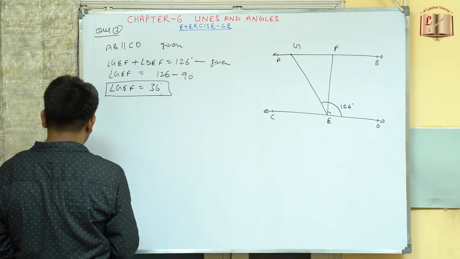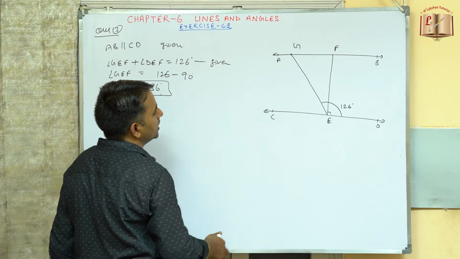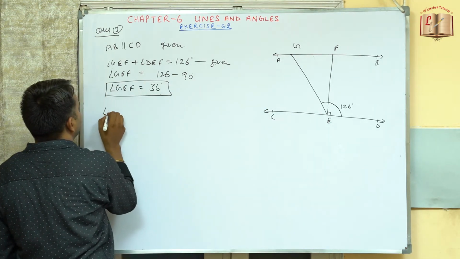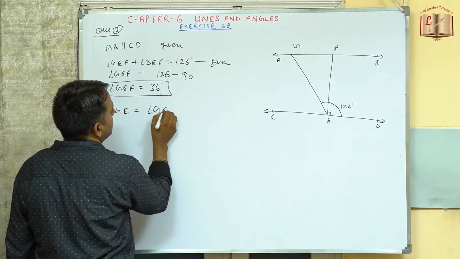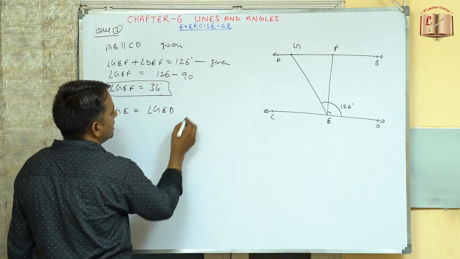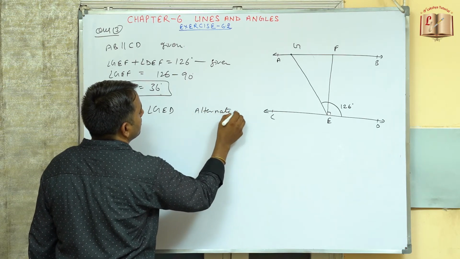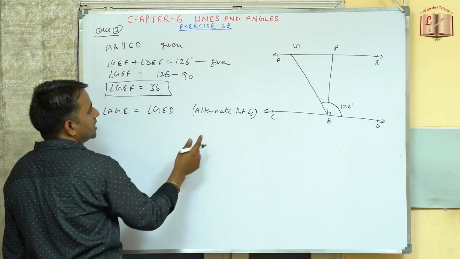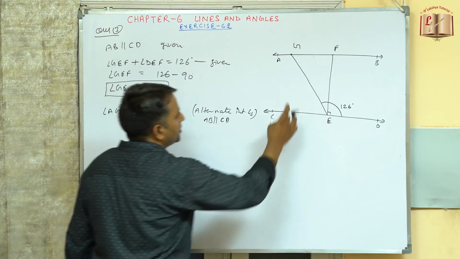So angle GEF we got as 36 degree and now we need to find out angle AGE. Now angle AGE will be equal to angle GED because they are alternate interior angles, since AB is parallel to CD.